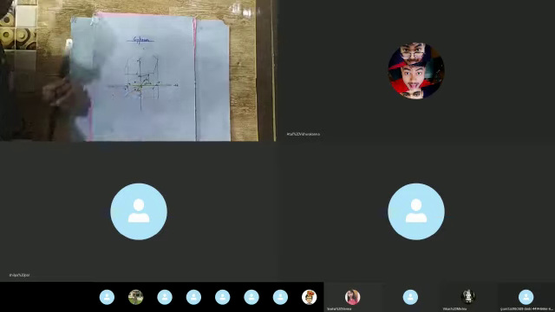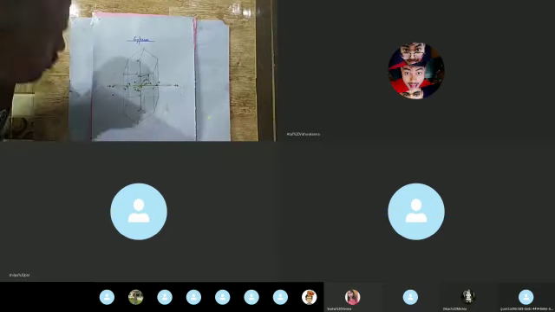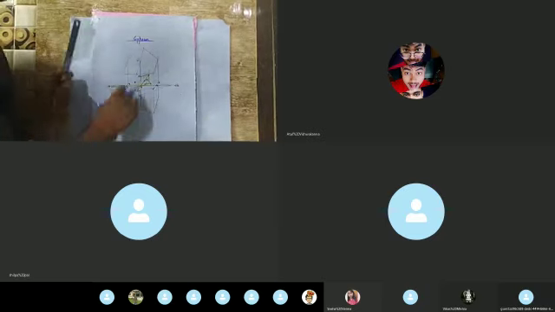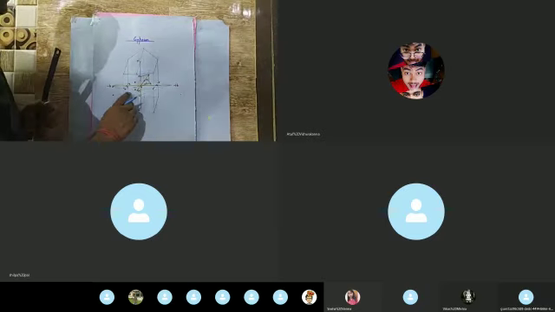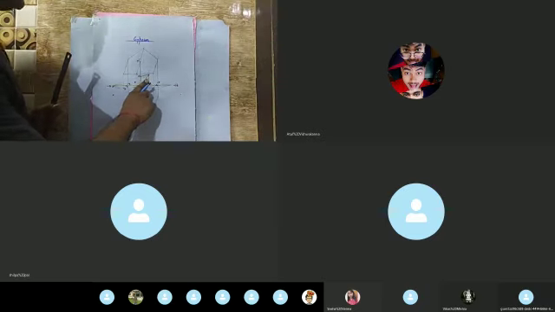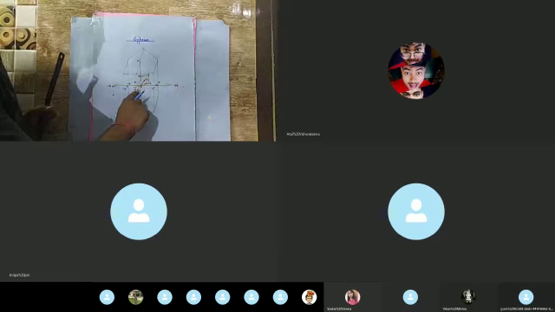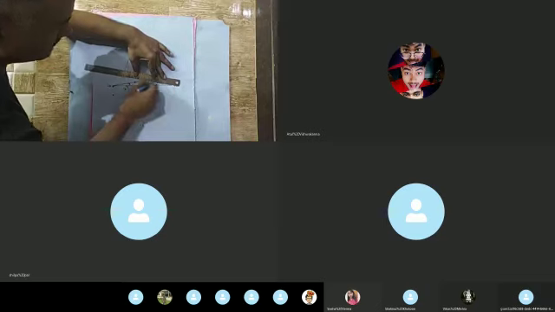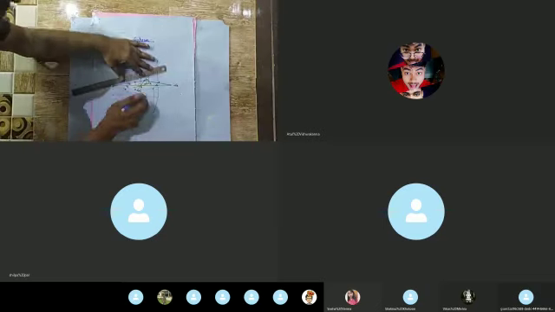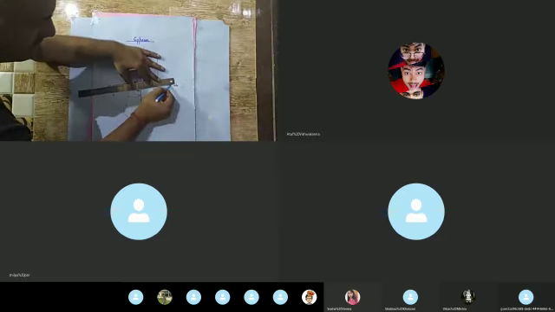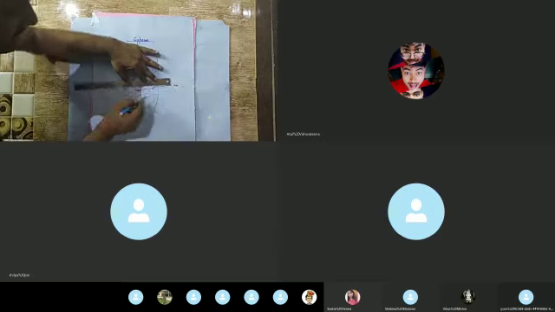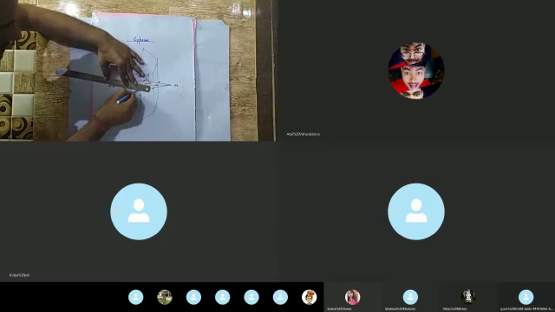Okay. Now after that we will join minus A and plus A, this one. See, this is minus B and this is plus B, both sides, upside and downside.